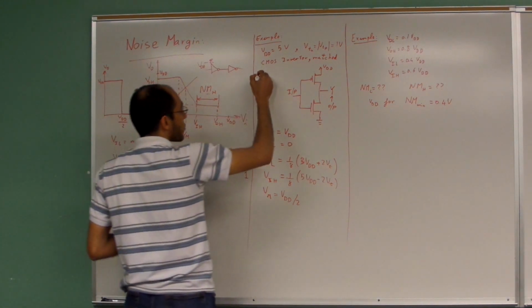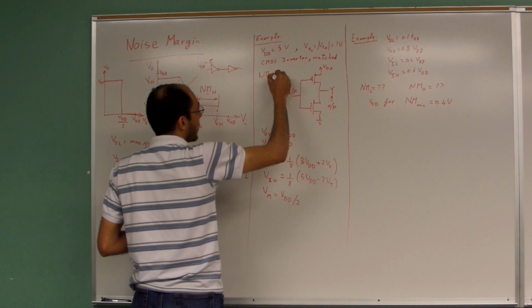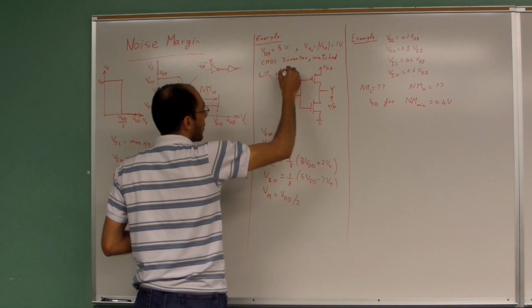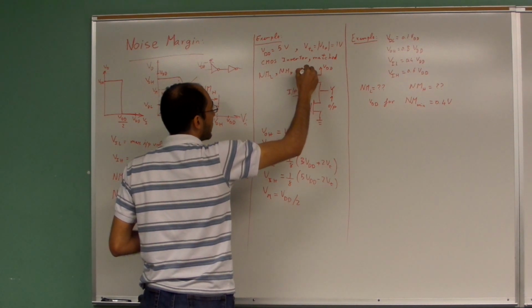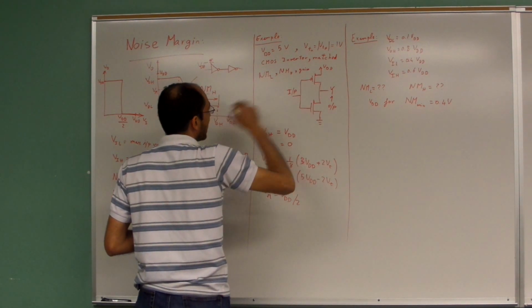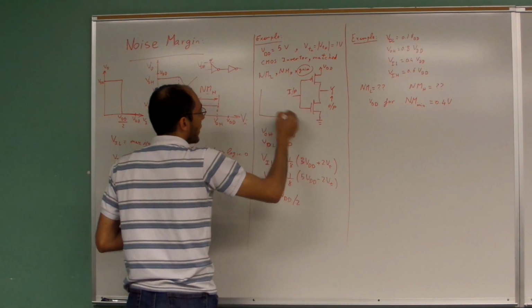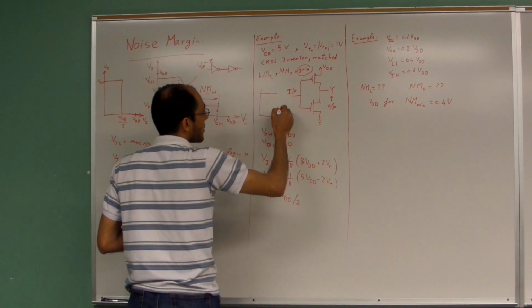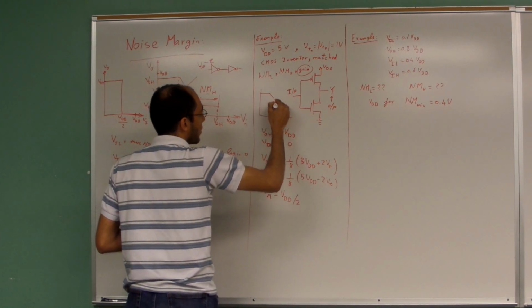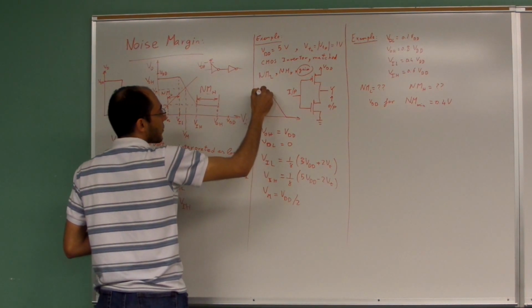Okay? What is required is to calculate the noise margin low and noise margin high and the gain. And I'm going to define what the gain is in a moment. Again, this is basically the graph of a CMOS inverter.